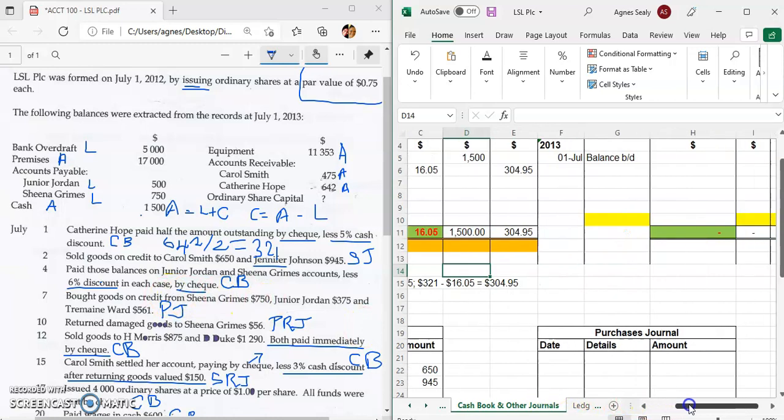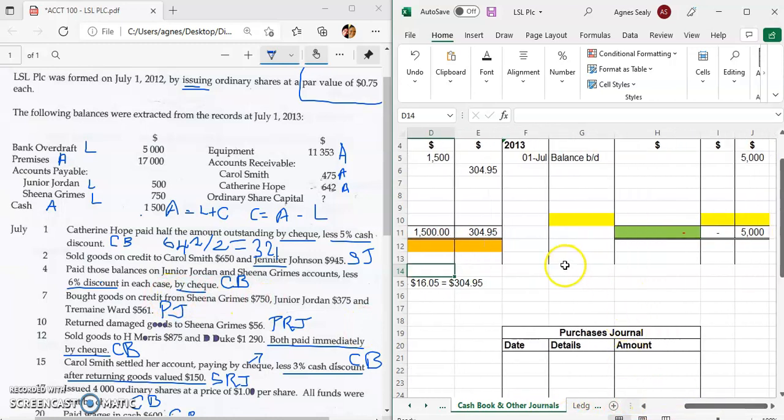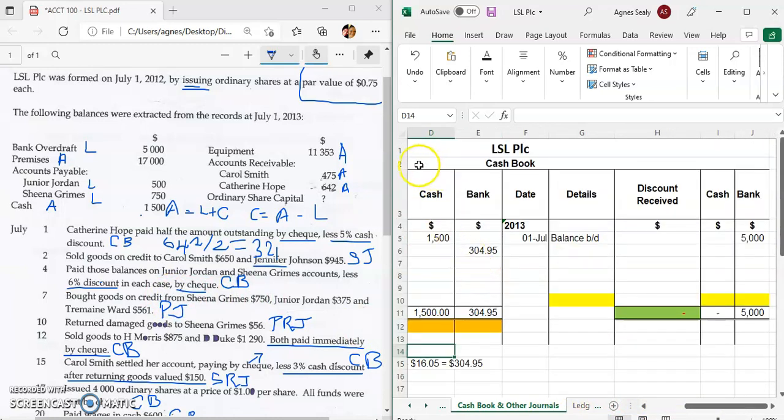But we are going to do our calculation over here because remember, in our cash book, the debit side represents receipts and the credit side payments. So we're going to the credit side to record this payment.